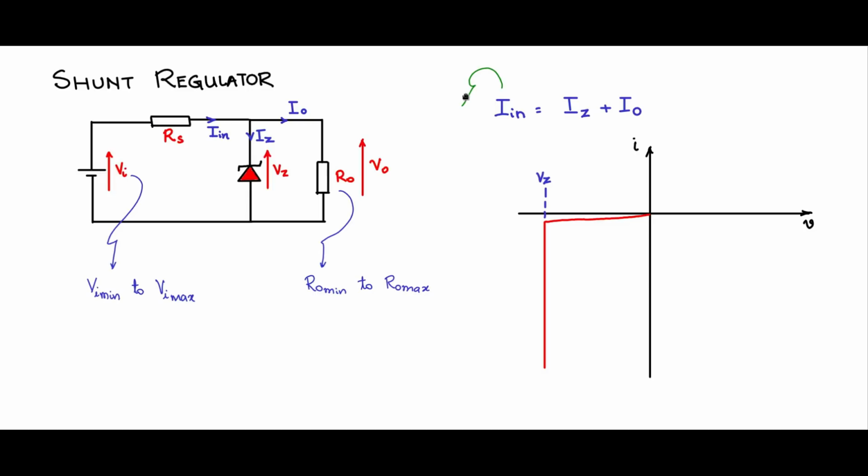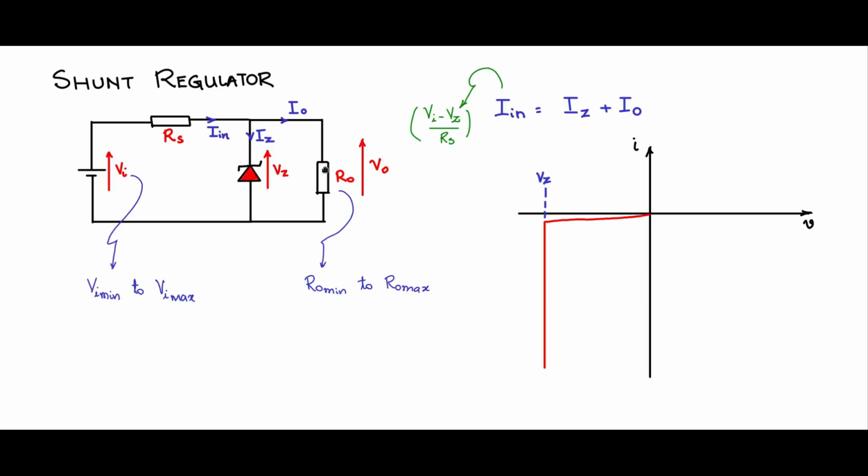So now this In here is given by Vi minus Vz divided by Rs, since the potential at this node is Vz. This is the current that flows in through here, and this current is independent of the value of R0 or value of I0.